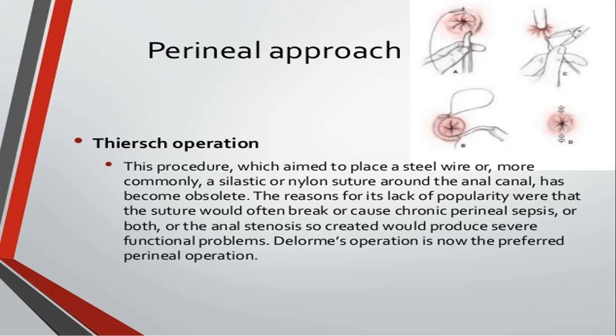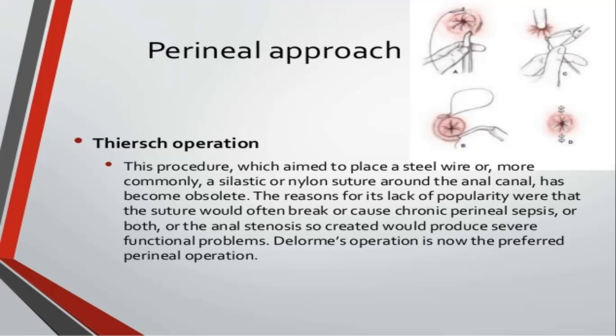You can see here a Thiersch operation. This is the anal canal, and they apply the sutures over this area, and over this area, and upper and lower areas, and they push the rectal mucosal area inside, and they tie the knot because it is narrowing the anal canal.